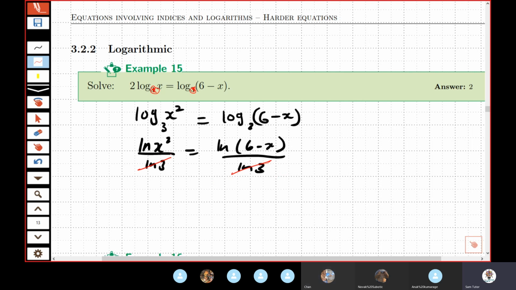Yeah. So if they are all the same sub bases, brilliant. You can just cross them out from the beginning, and you could have just written log x squared equals log 6 take away x as your first line. But as you get stronger and stronger with it, just so you guys know, if you've got the same sub bases, you can pretty much get rid of it.